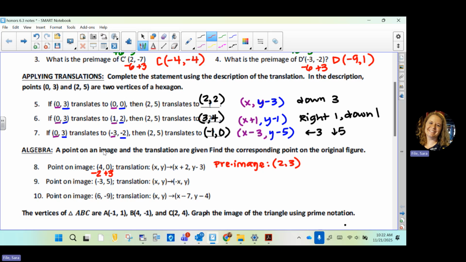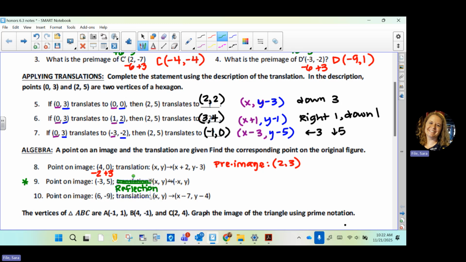So same concept here. This time, oh, this one's not a translation. I don't know why it's on here. This is a reflection. I'm going to put a star next to this because this is not a translation. We talked about reflections in 6.1.